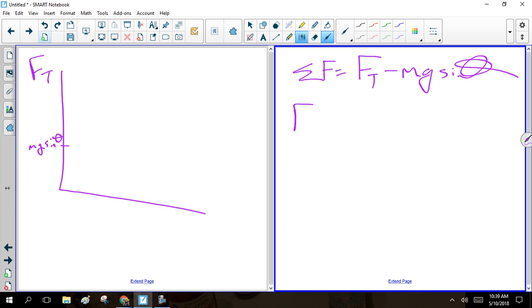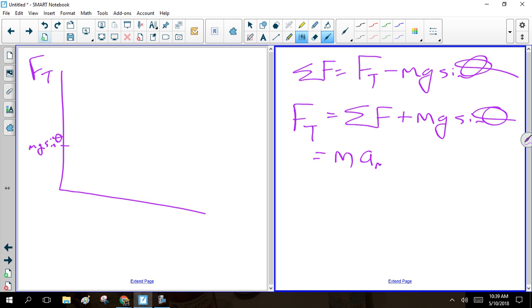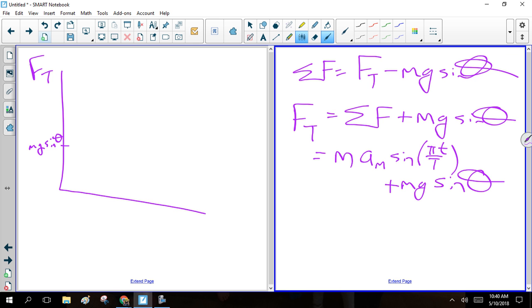So that means tension is net force plus mg sine theta, which is mass times our acceleration function. So here it's m times a max sine of pi t over t, plus mg sine theta, right? Cool?